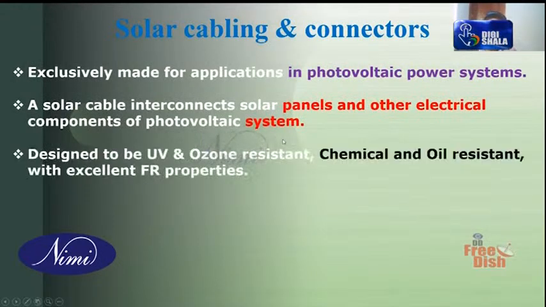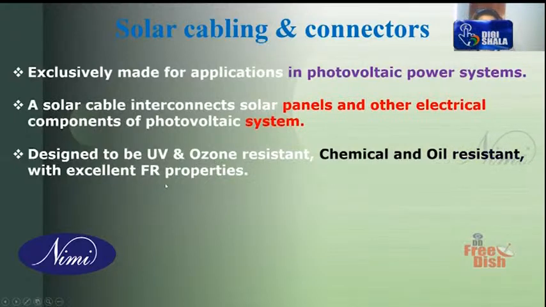And we all know the solar panels are exposed to the sun. They are kept outside, so the wiring cables will also be outside. So you should have some protection. It should not be damaged by weather conditions or ultraviolet. It should be resistant to ultraviolet and ozone, and in the same way chemical and oil resistant.